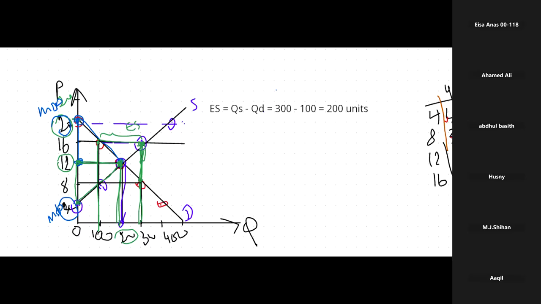This is the market price. So 16 rupees they tried to sell, but they are now selling at 8 rupees. So excess supply price, they expected to sell at 16. Now they are selling at 8. That is the excess supply price, 8 rupees.